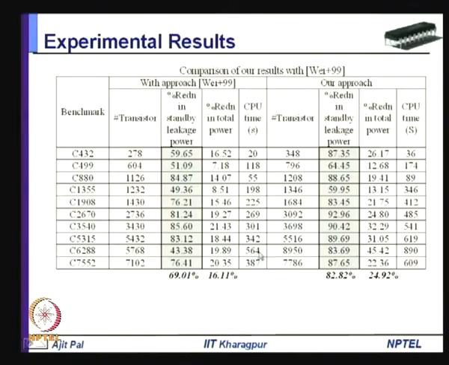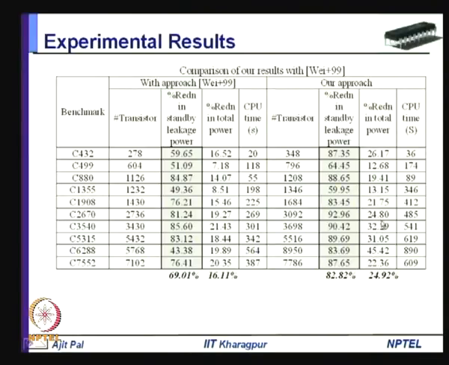However, the complexity of the two algorithms is different. The first paper that I mentioned has a linear complexity because it is doing breadth first search, and as a consequence the run time is smaller compared to this approach, where the complexity of the algorithm is n square, and as a consequence it will have a larger run time.